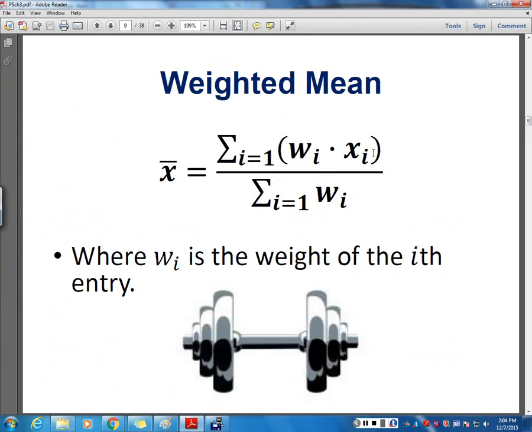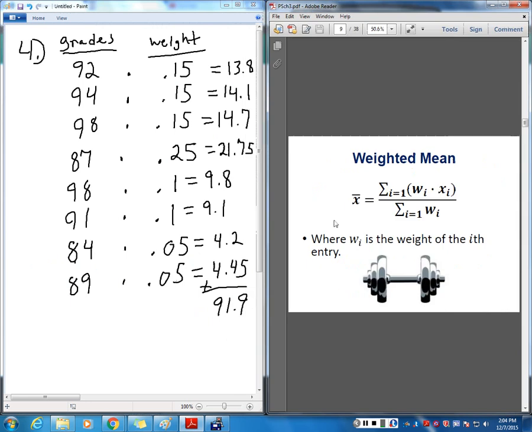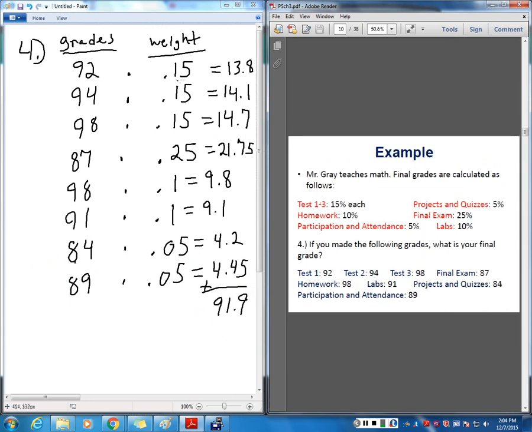That's the numerator, the top part of the fraction in the formula. The bottom part is the sum of the weights. If I add all the weights up, I get 100%, or 1.